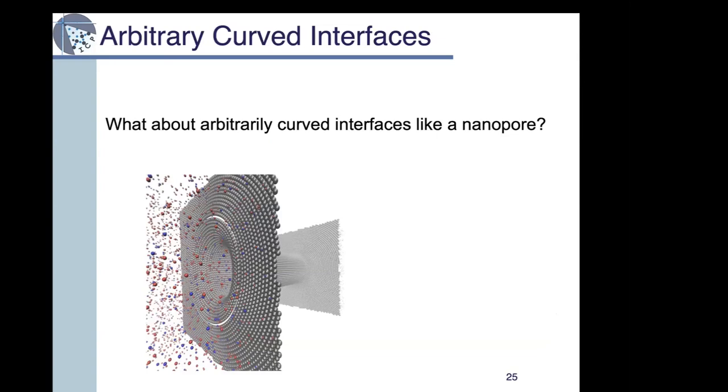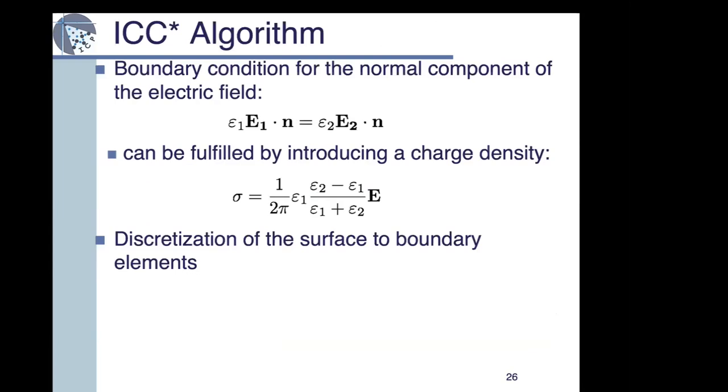But you might not always be interested in planar interfaces, because sometimes you have curved interfaces. You might have any complicated interface you might imagine, in terms of these porous electrode materials. Celine or Mathieu will probably talk about that. So how do you deal with those interfaces? Here we developed what's called the ICC star algorithm. It's based again on continuum physics.